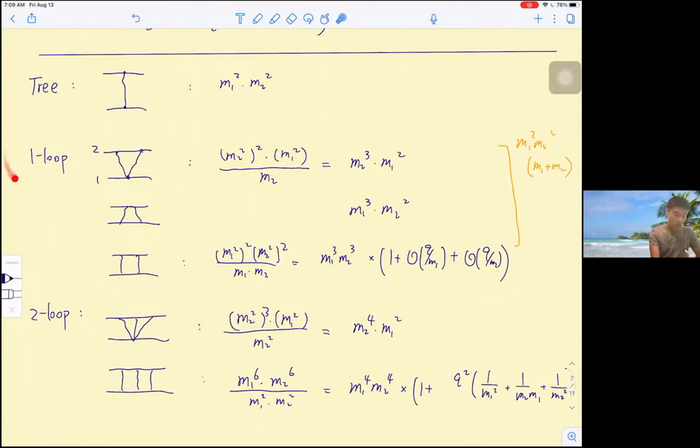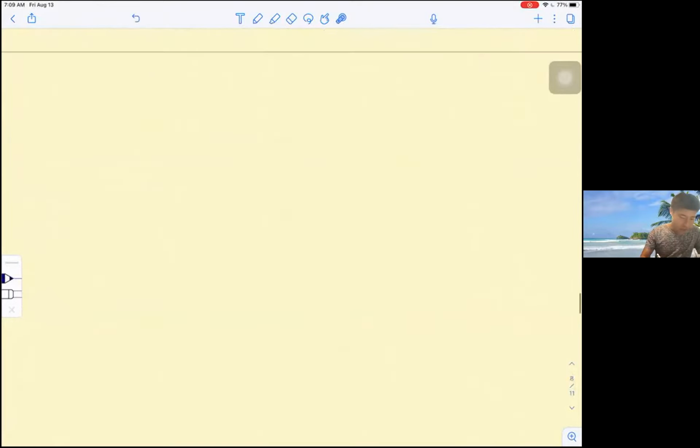So both tree level and one loop are fixed by the probe limit, or the structural background. So in hindsight, we actually don't have to do the one loop calculation, but can just use the basic equation.